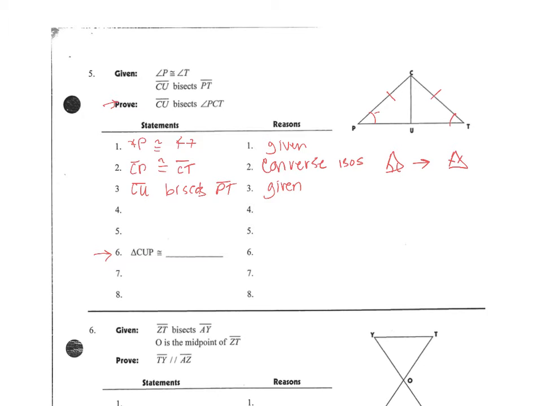And then once we are told that we have a segment bisecting another, that should trigger that we know that this point right here, U, is the midpoint of segment PT, and that is the definition of what it means to have a segment bisector.